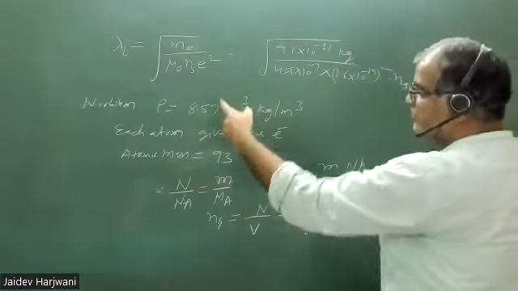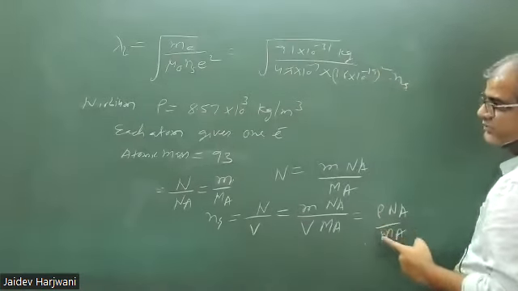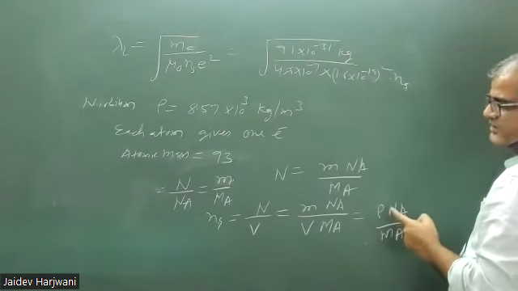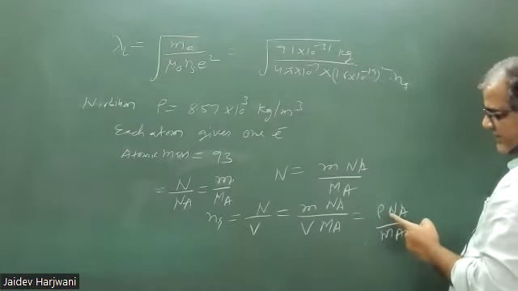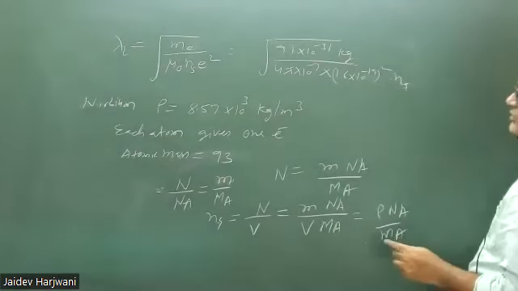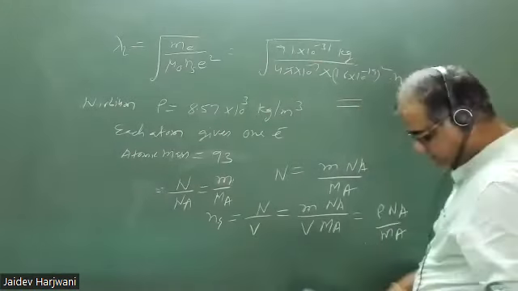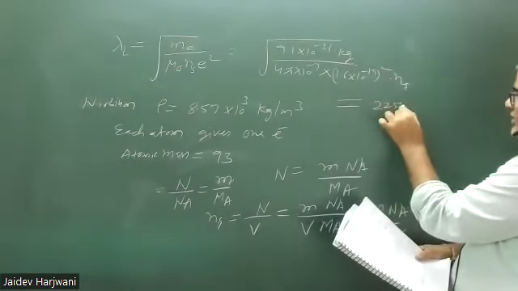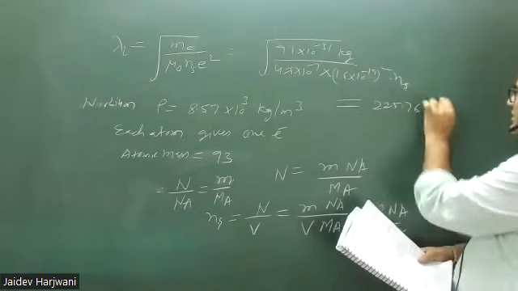Put the values, rho you know, na you know. This is kg, so you have to put accordingly 6.02 into 10 to the power 26. And atomic mass is given to you. So if you solve this, I have the answer. You can verify. It will come to 25.7x76 angstrom.